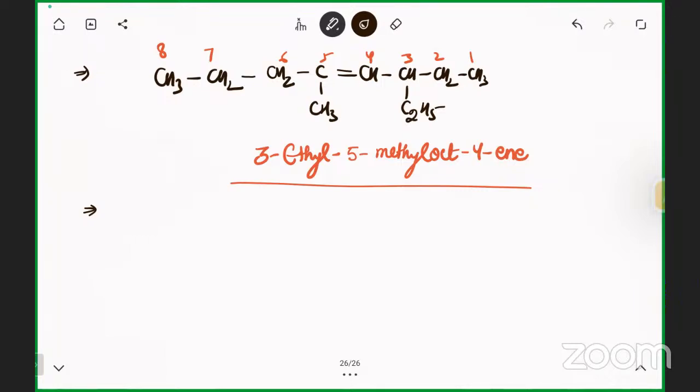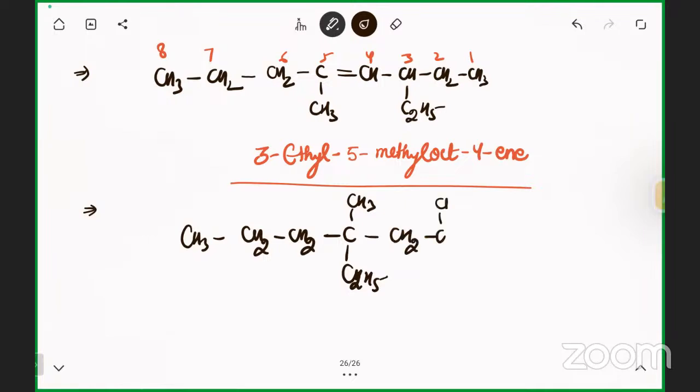This is quite easy. CH3, CH2, CH2, C, CH3, C2H5, then CH2, then C, CH3, CH3, then CH3.